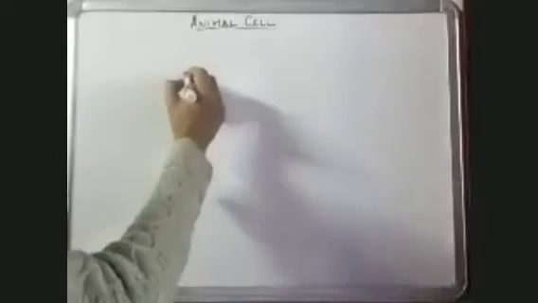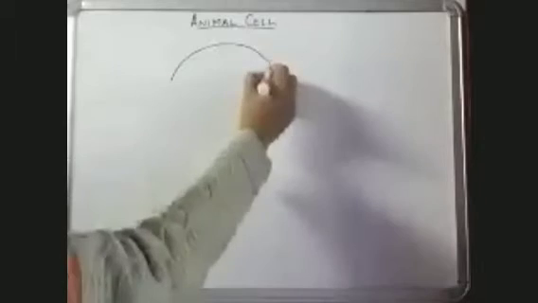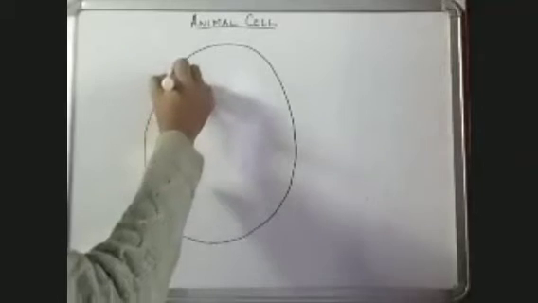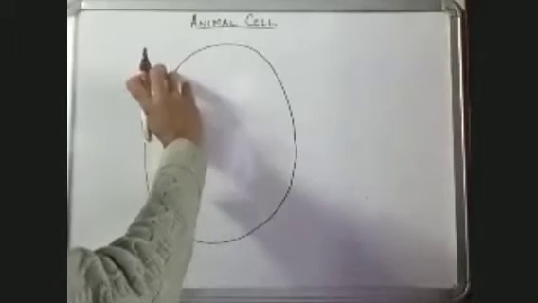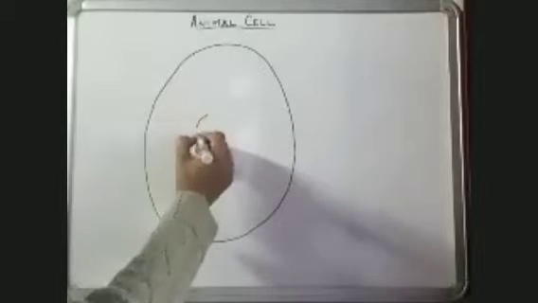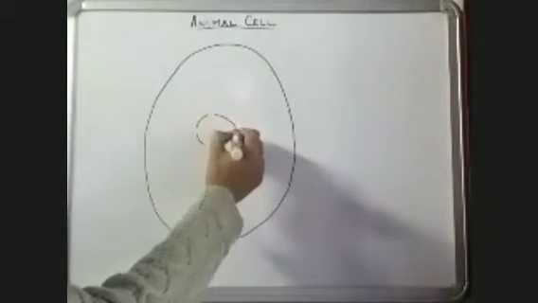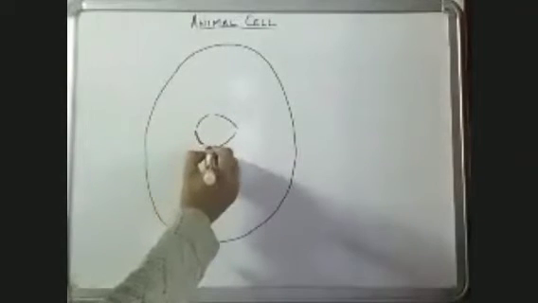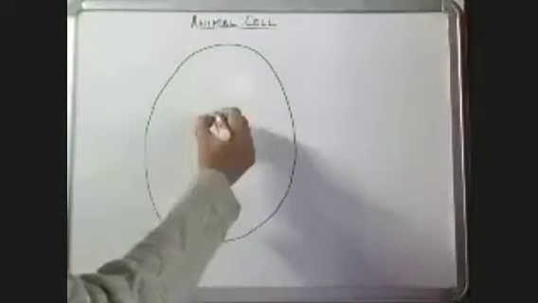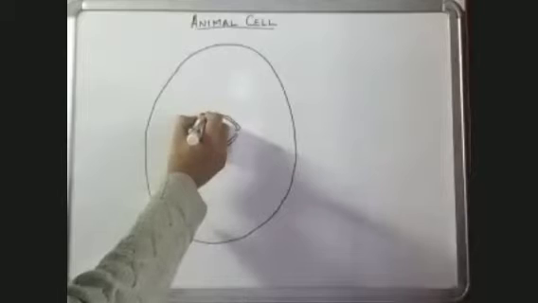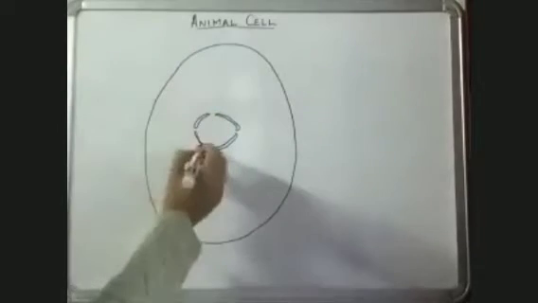The shape of the animal cell is mostly oval. Single layered, that means only the cell membrane is present. The nucleus is centrally located, like this.